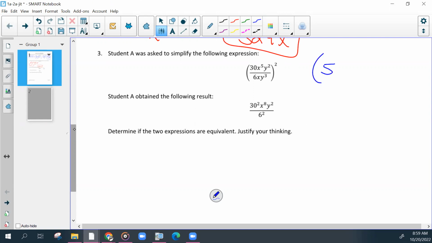We have like bases of x and y, so subtract your exponents. And again, if you are comfortable not writing the subtracting piece and want to go straight into 4 and negative 1, you can do that.